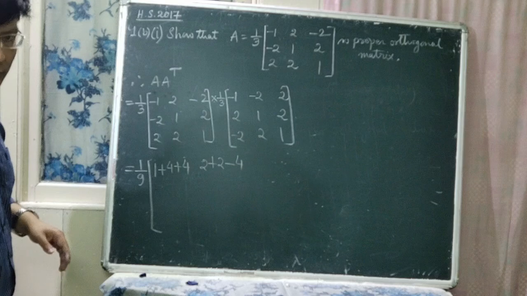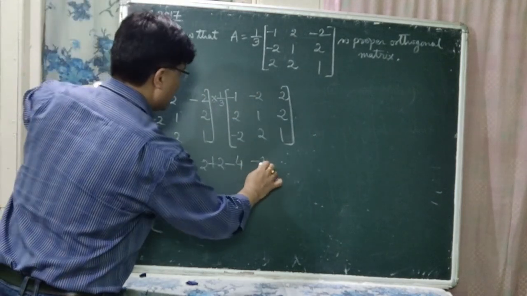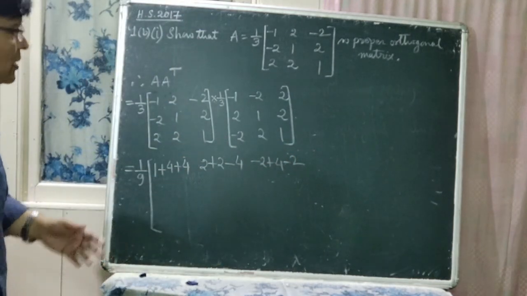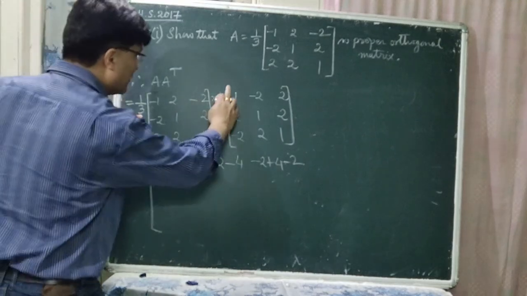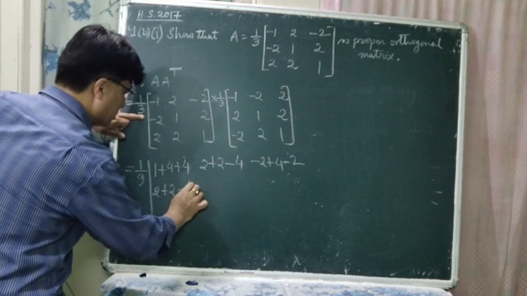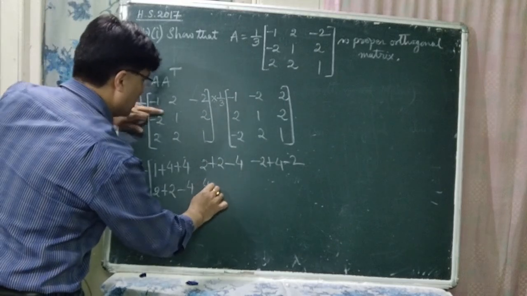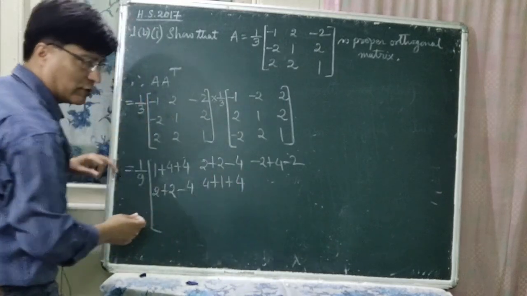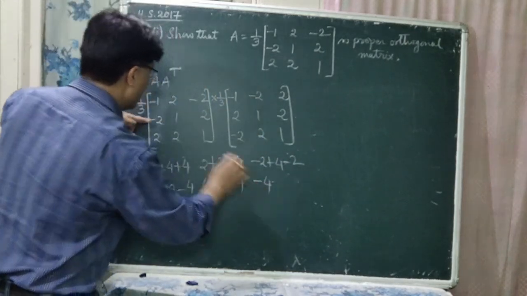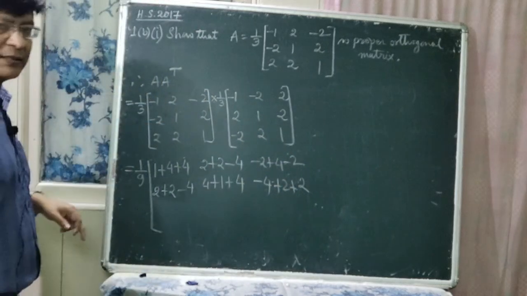First row by third column: -2, +4, -2. This is the first row. Next, second row by first column: +2, +2, -4. Second row by second column: 4, +1, +4. Again, second row by third column: -4, +2, plus 2.